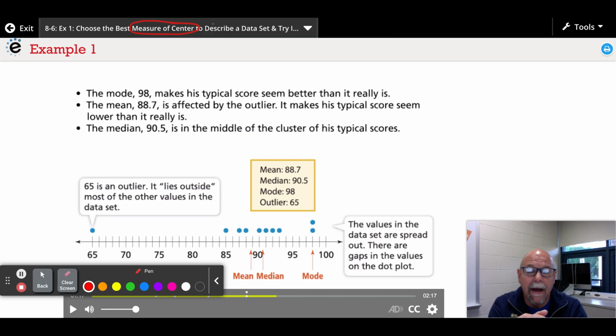So we look for mean, median, and mode, and then there are other measures that look for what we call variability, how much the data varies from one to another, and that's when we did the range and the mean absolute deviation. Those are measures of variability, while mean, median, and mode are measures of center.